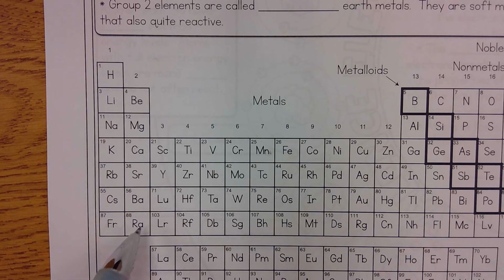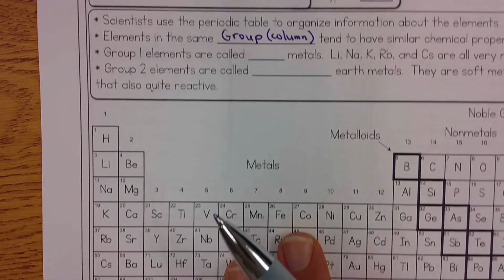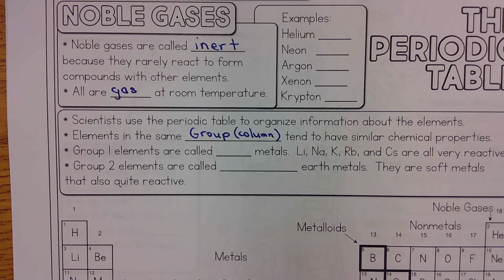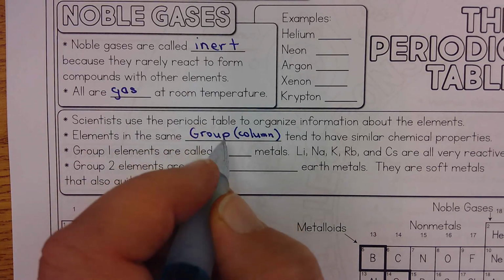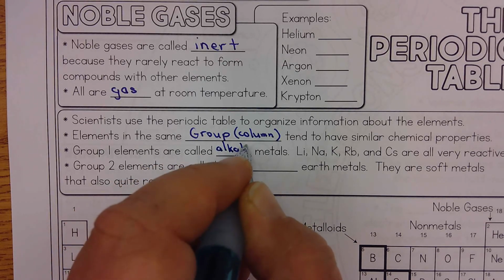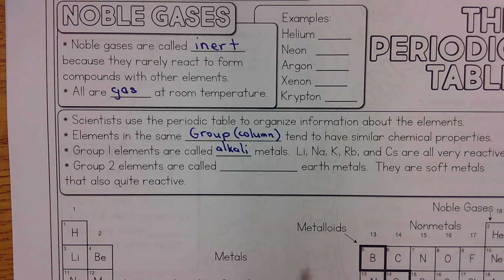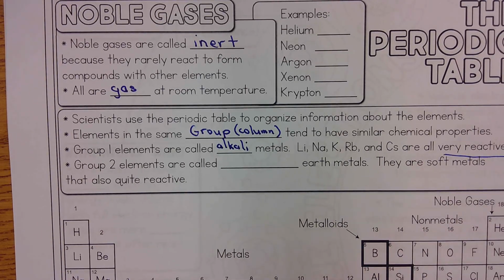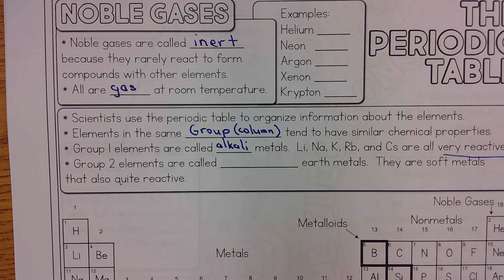So this is group 1, group 2. They're all numbered to 18. And things that are in the same group, and you'll see why in the next lesson, have similar characteristics, similar properties. The group 1 elements in this first column here are called alkali metals, A-L-K-A-L-I. Alkali metals, they are very reactive. Like sodium, when you put it in water, it'll explode.